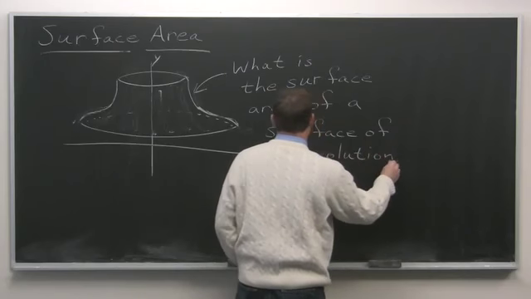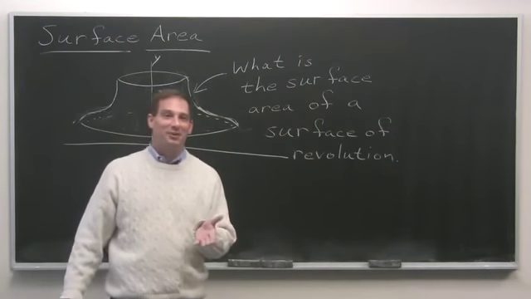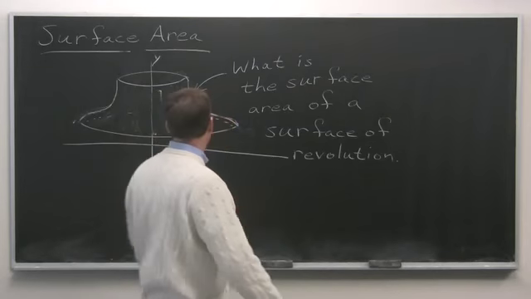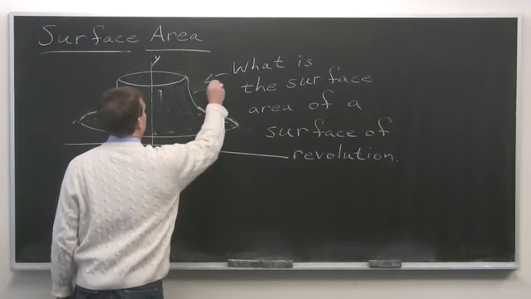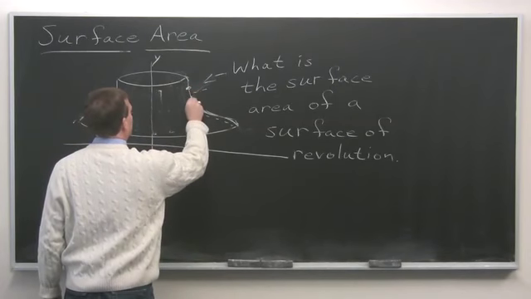Well, of course, it's going to involve an integral. And so you chop things up into little pieces. And so what you do is you think of chopping this curve up into little pieces.